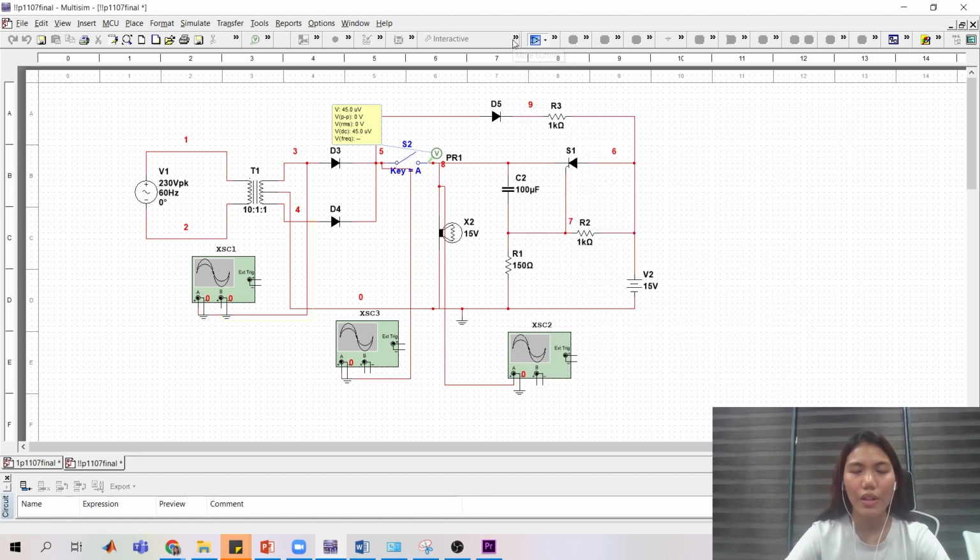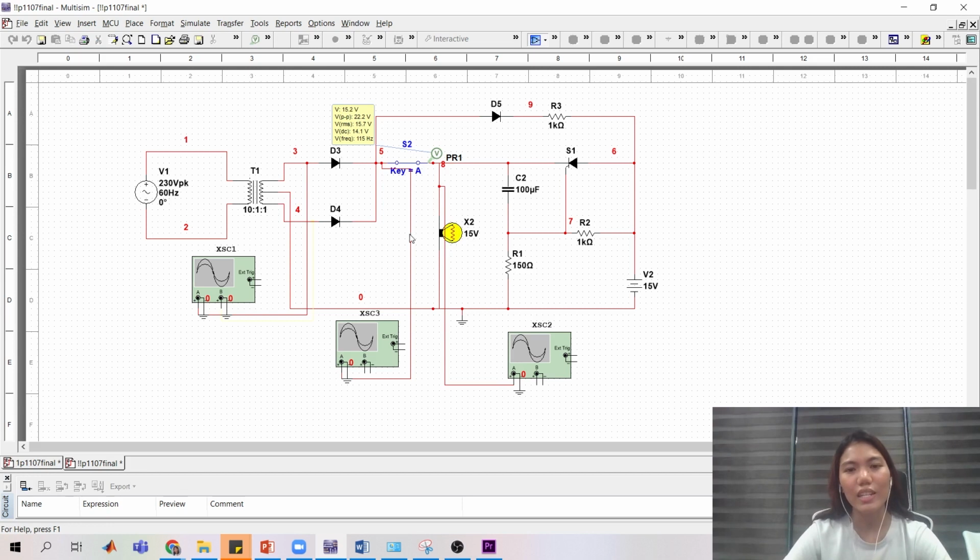Then let's run our circuit. First, our switch is turned off. As we can see, there is no voltage flowing to our LED, and our LED is not turned on. Let's turn on the switch, and as we can see, the LED is now lighting and there is voltage flowing to it, represented by this voltage.